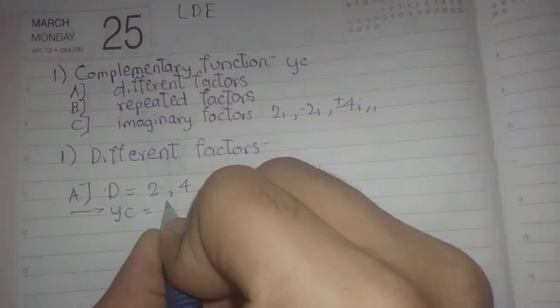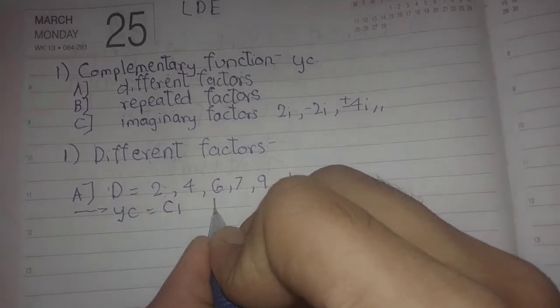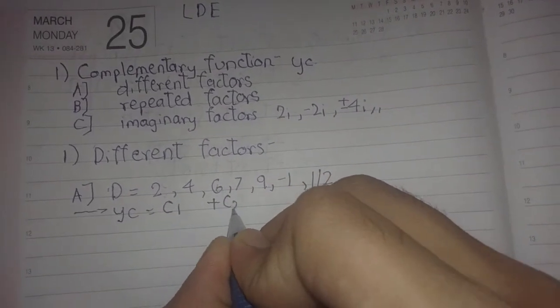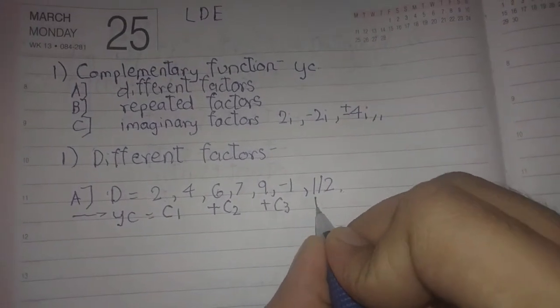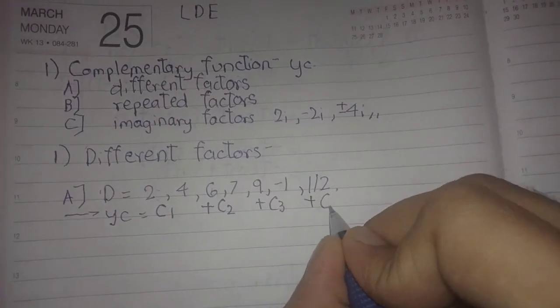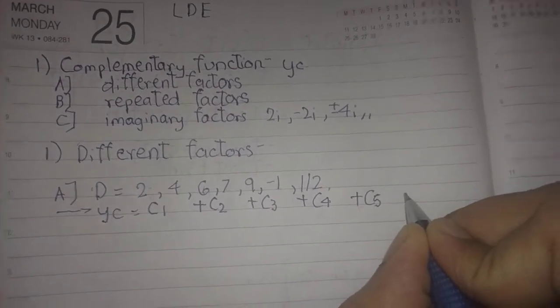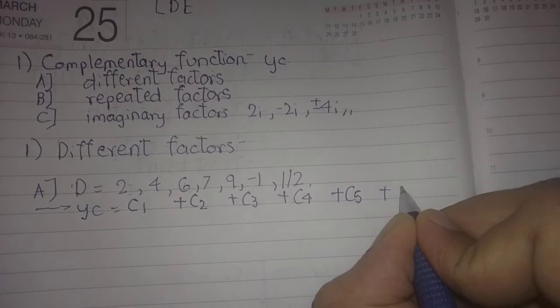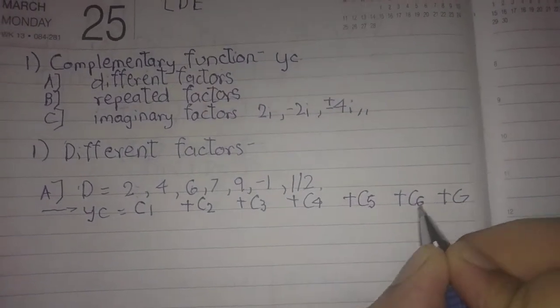So we'll write C1 plus C2 plus C3 plus C4 plus C5 plus C6 plus C7.